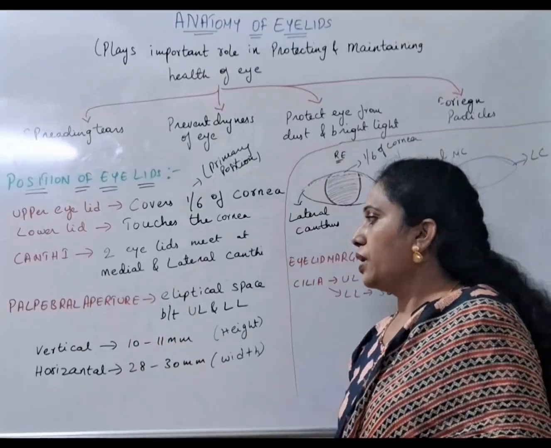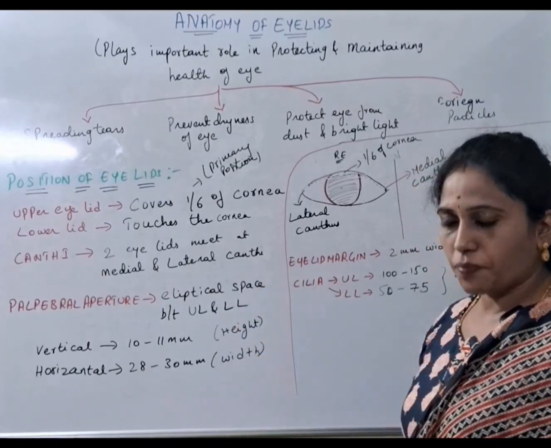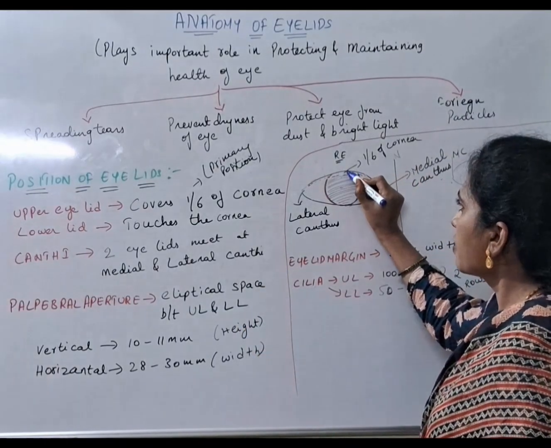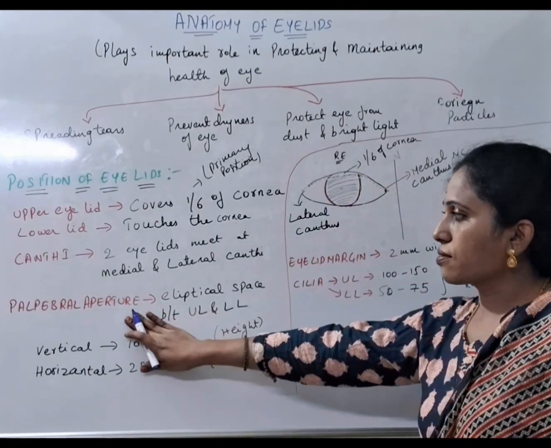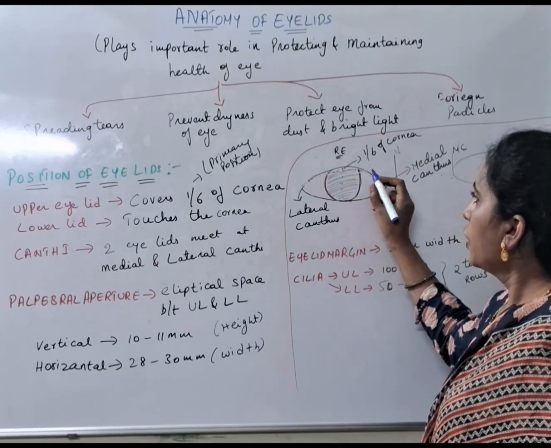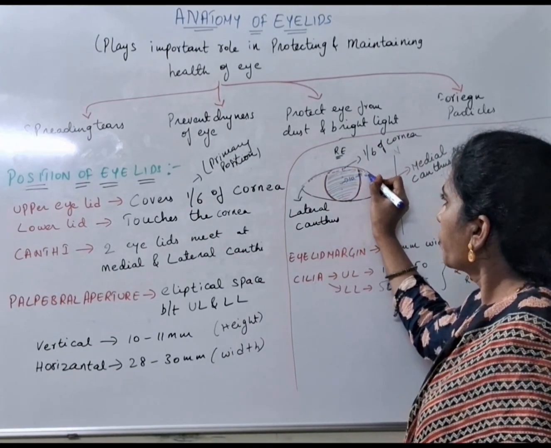Coming to the palpebral aperture. The palpebral aperture is the elliptical space between the upper eyelid and the lower eyelid. Coming to the vertical height, it should be around 10 to 11 mm.